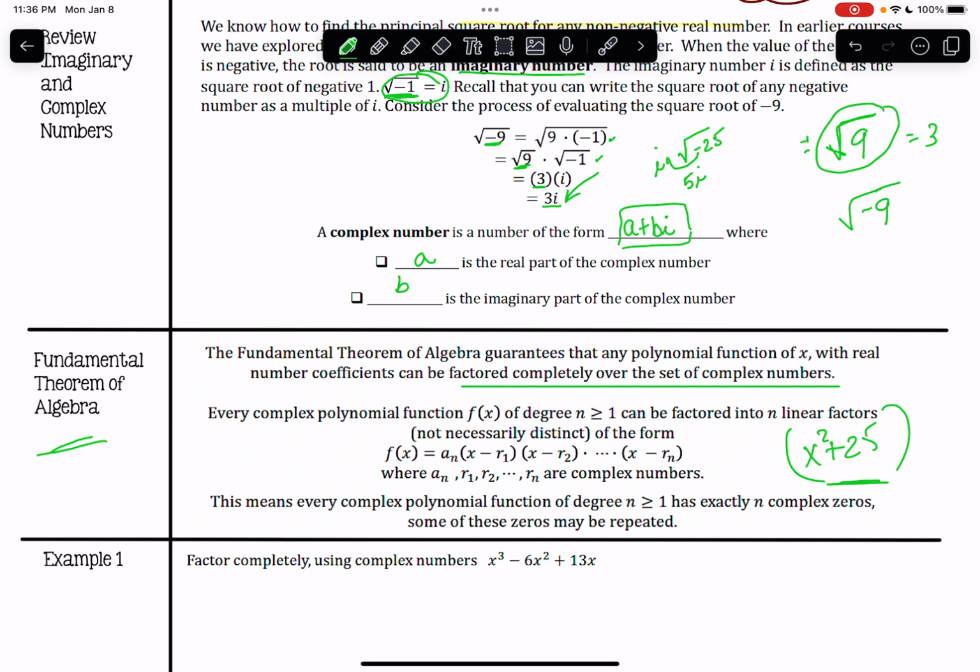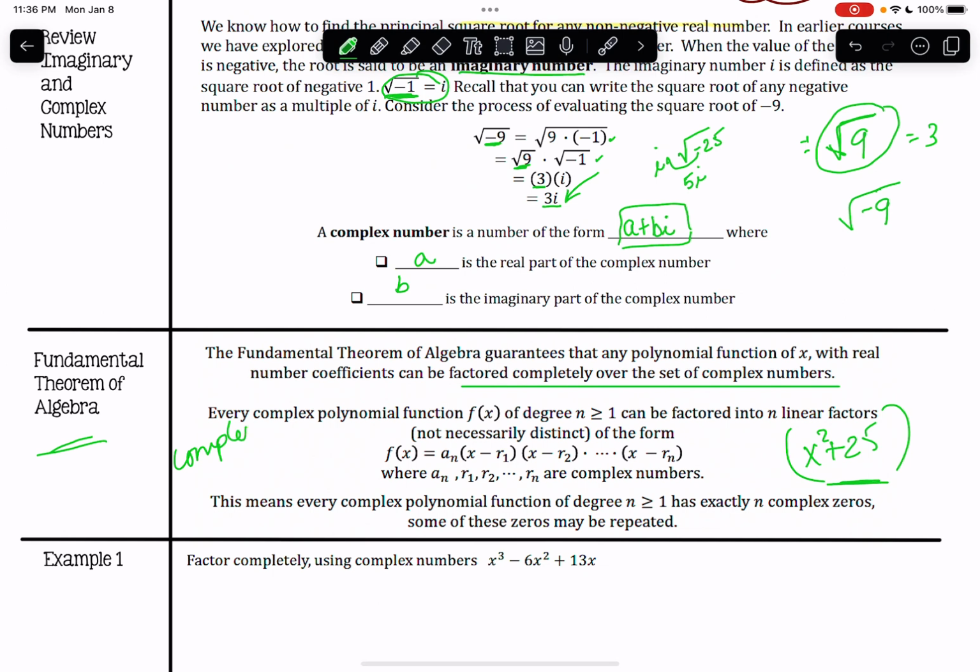They walk through how you can do this in these notes, where you can just figure out what it is with i's. They also say that in this fundamental theorem of algebra, you will have the same number of zeros as you have the degree, and they might be complex.